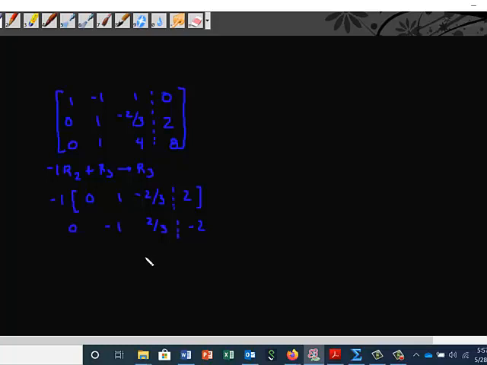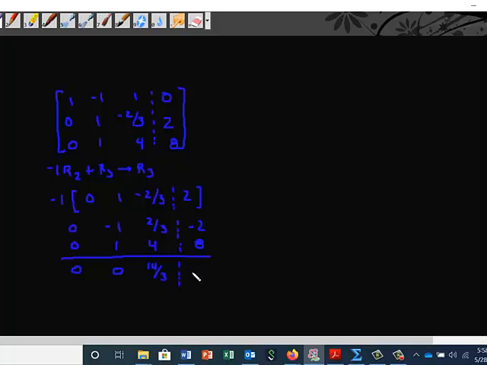Okay. And this is going to be added to row 3. So this will be 0, 0, and this will be, well, 2/3 plus 4, that's going to give you 14 over 3.